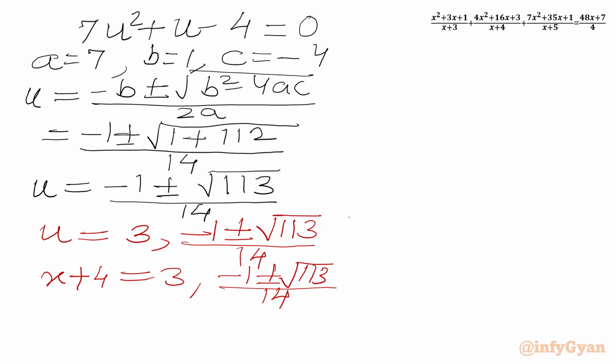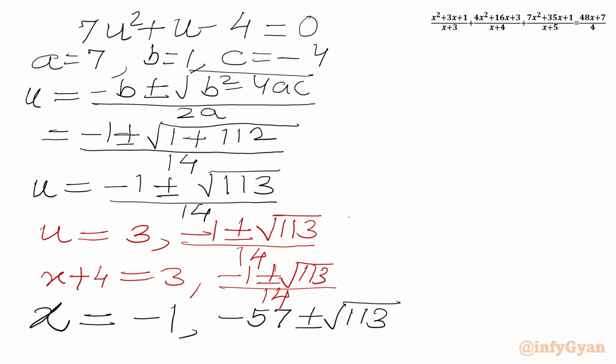To find our real solutions, we need to only subtract 4 from both sides. So we are going to get our answers. x equal to 3 minus 4, minus 1. Minus 1 plus minus square root 113 over 14 minus 4. So we are going to get minus 57 plus minus square root of 113 over 14.